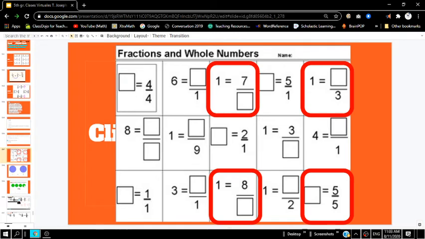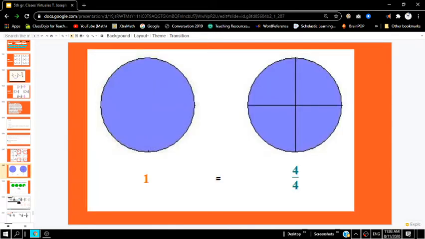I think it's important that we do a little bit of review before we start the problems, boys and girls. Just letting you know, whenever we have a whole number, you can also separate that whole number into equal parts. For example, the whole number 1 equals 4/4.